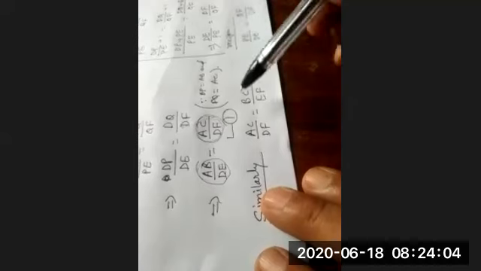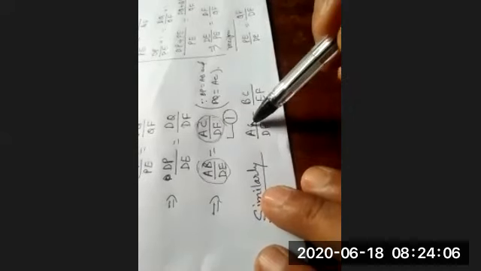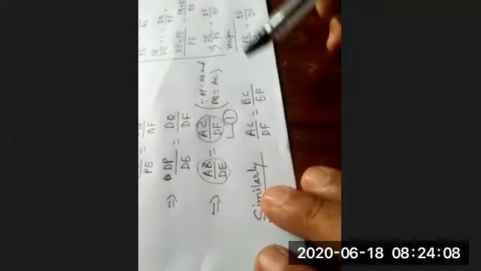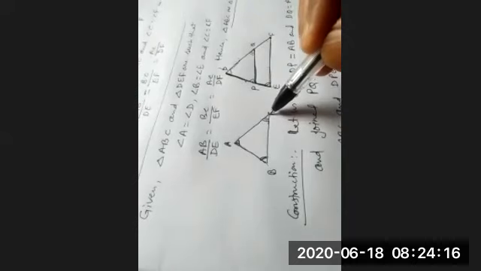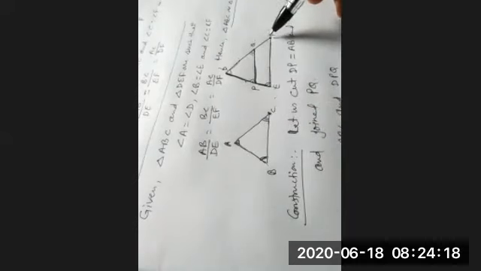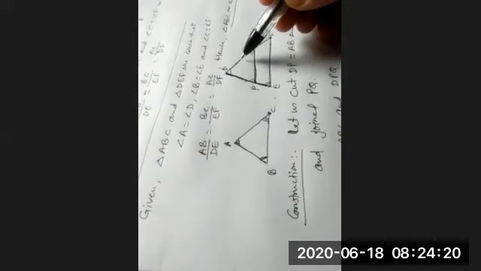Similarly, you can write AC by DF is equal to BC by EF also. If you put this triangle in this corner, okay, suppose corner C will be held here, then what will be there? Our parallel line can be drawn like this, okay or not?